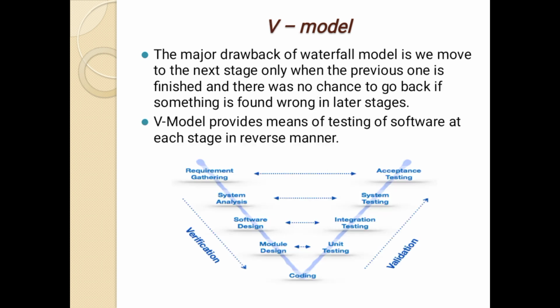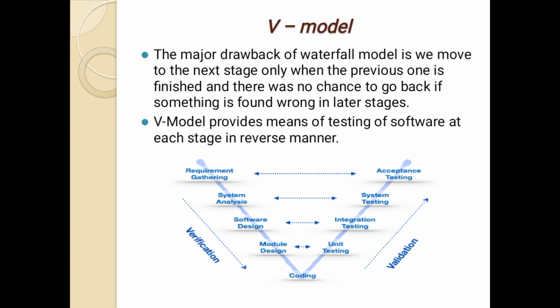And next one is the V model. The major drawback of the waterfall model is that we move to the next stage only when the previous one is finished, and there was no chance to go back if something is found wrong in a later stage.